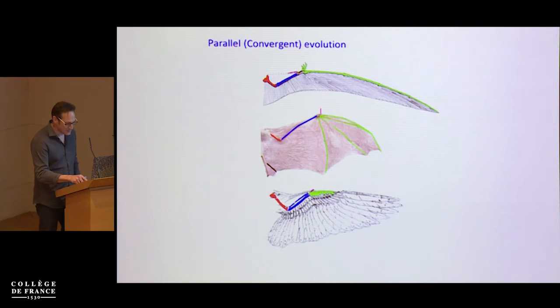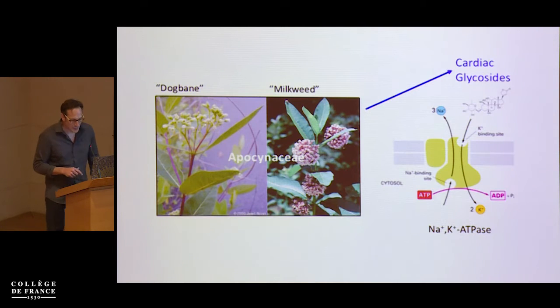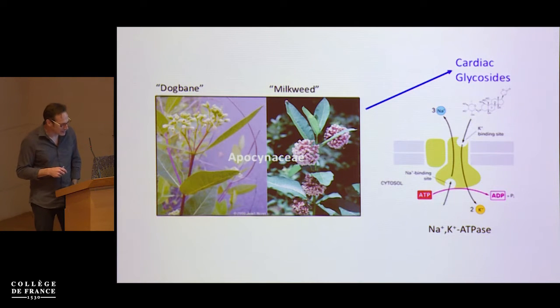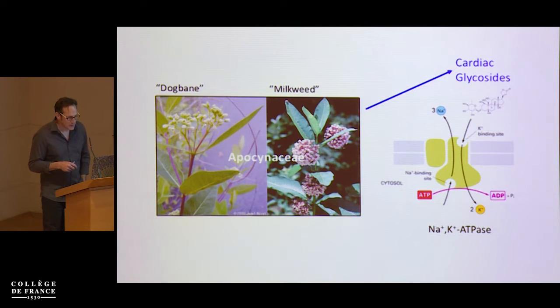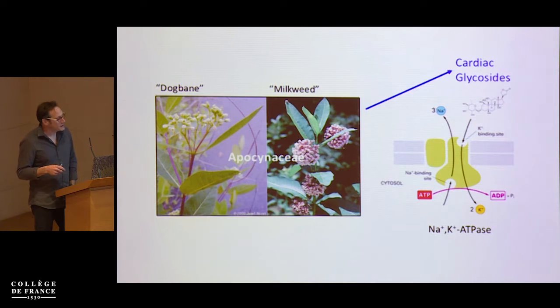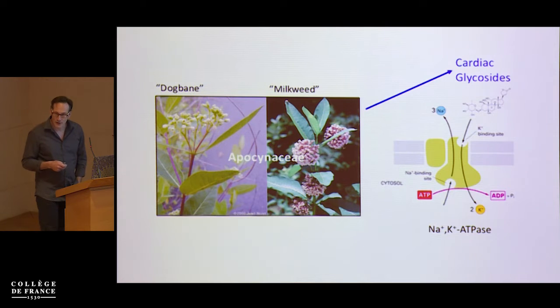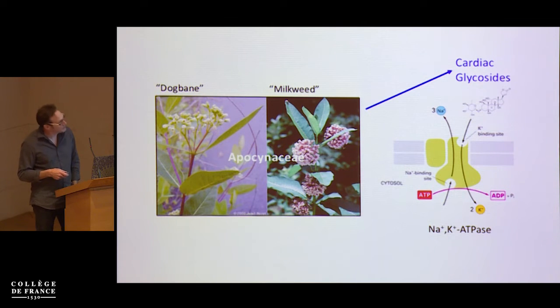To get around that problem, the example I'm going to talk about today looks at insect adaptation to a group of plants in the family Apocynaceae. In addition to other defenses against herbivory, these plants produce a class of defensive compounds called cardiac glycosides.